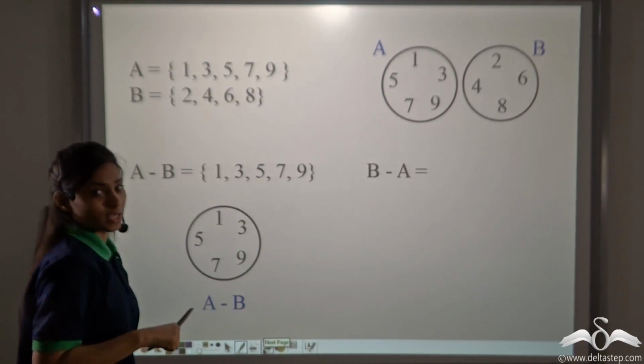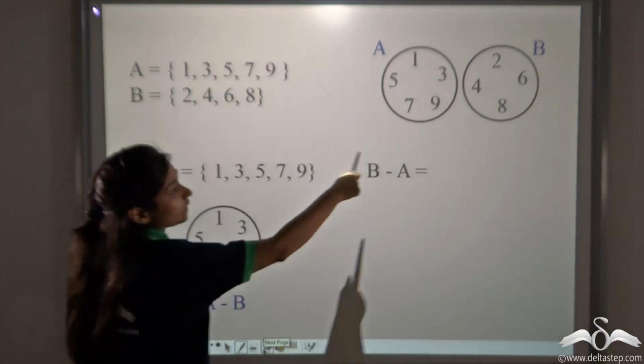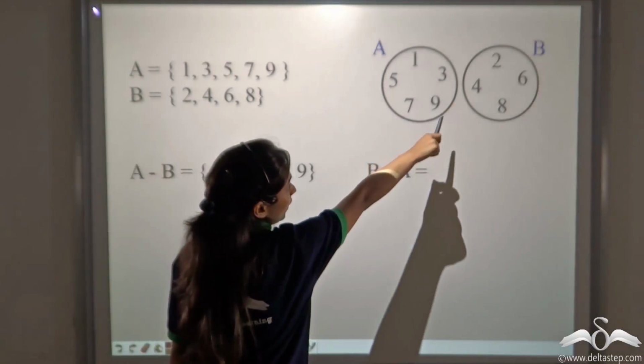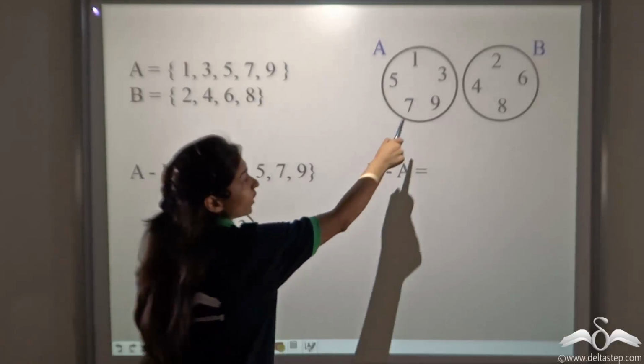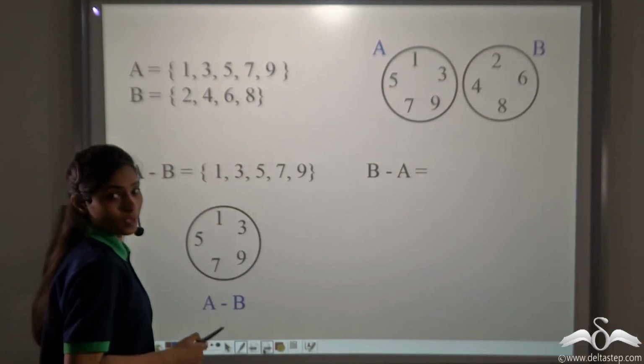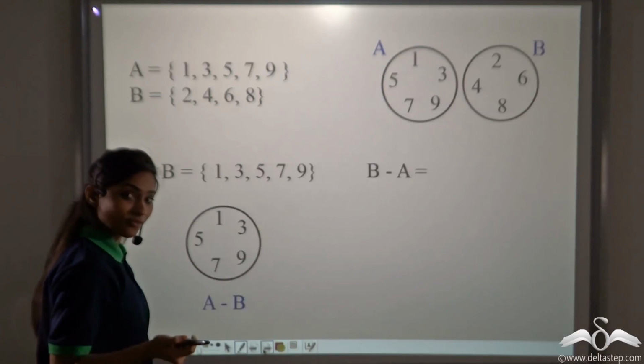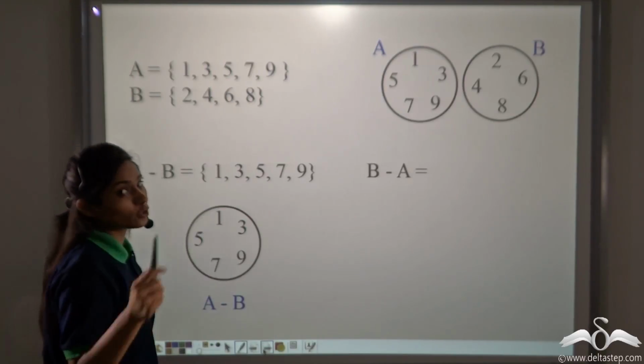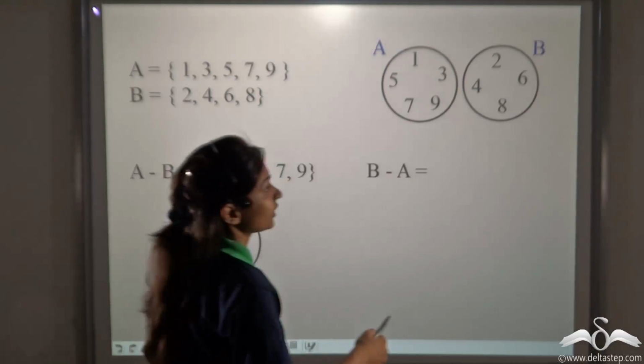Now what is B minus A? Here you can say that there is no element that is common to A and B both, or there is no intersection of A and B. So what will be B minus A? Well, B minus A is the set of elements that belong to B but do not belong to A. See, what are the elements here?